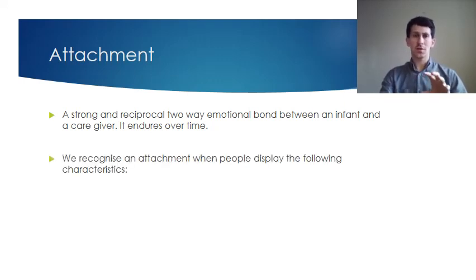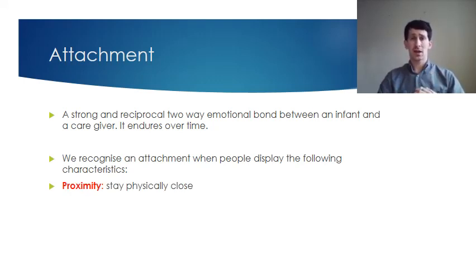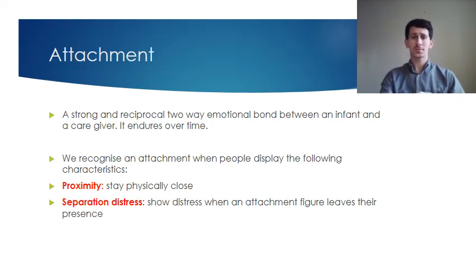And we look for attachment when infants and caregivers display certain characteristics. And these characteristics are going to become very clear to you over this topic because we use them an awful lot in a lot of the different lessons that we're going to be doing. These include proximity. So it might be when an infant wants to stay close to the primary caregiver.